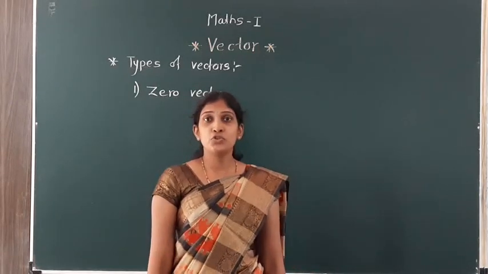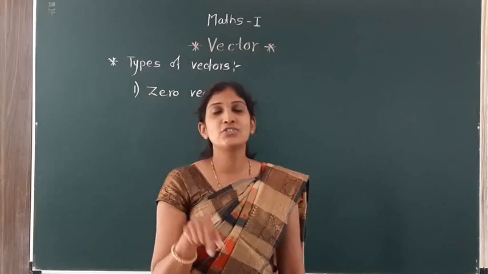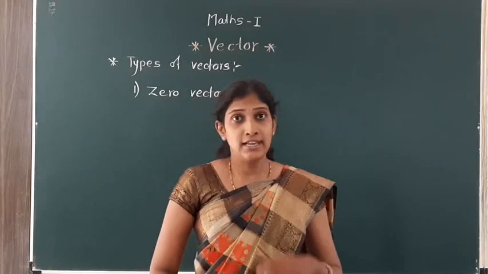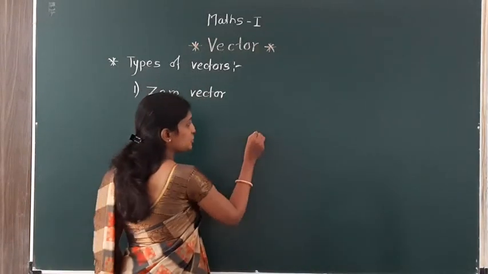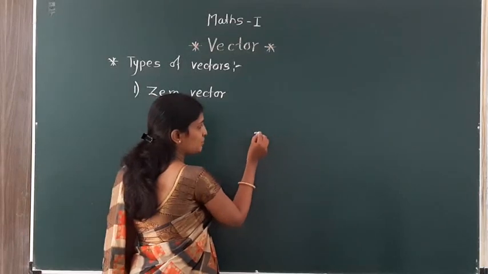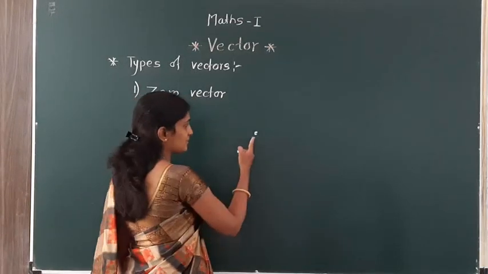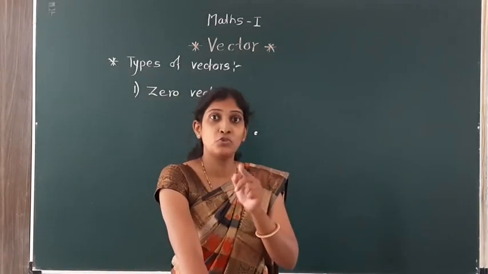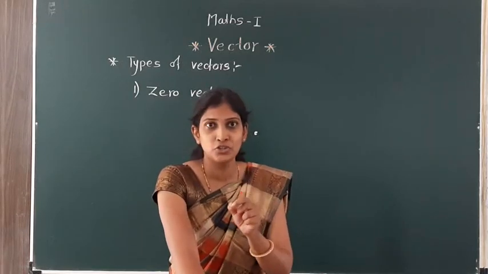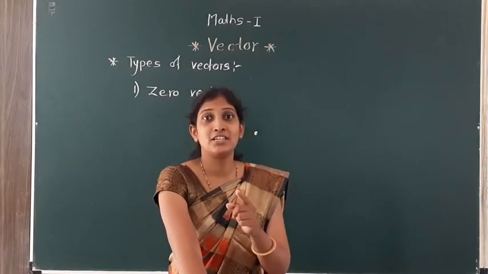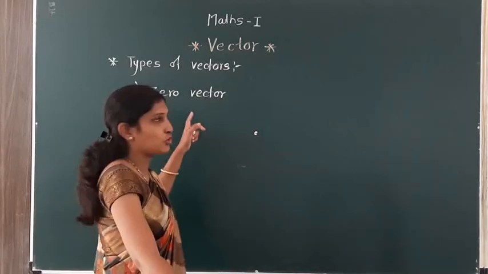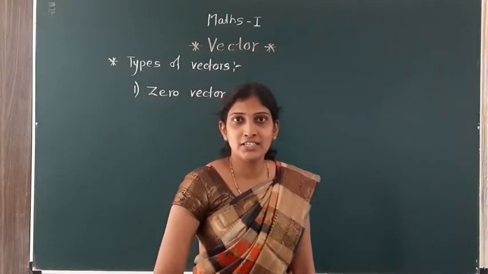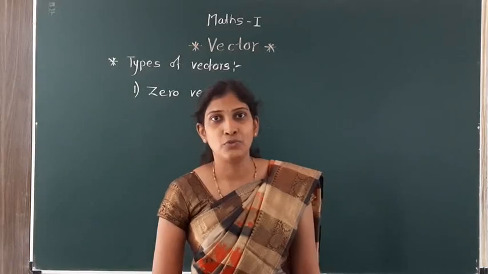The vector whose magnitude is zero is called a zero vector. Magnitude is zero means its length is zero. Length is zero means its initial point and terminal point coincide. You understand? If the initial and terminal points coincide, then the distance between these two points is zero. If distance is zero, then magnitude is zero, hence it is a zero vector.